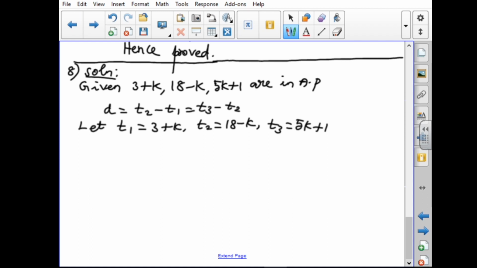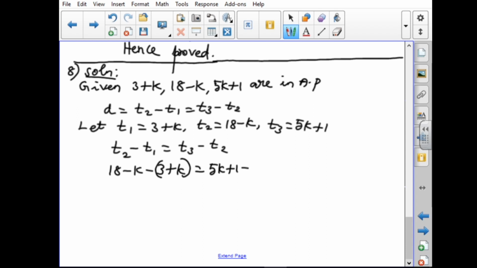We use this condition, T2 minus T1 equal to T3 minus T2. Here T2 is 18 minus k, so we substitute 18 minus k minus T1, which is 3 plus k, equal to T3, which is 5k plus 1, minus T2, which is 18 minus k.